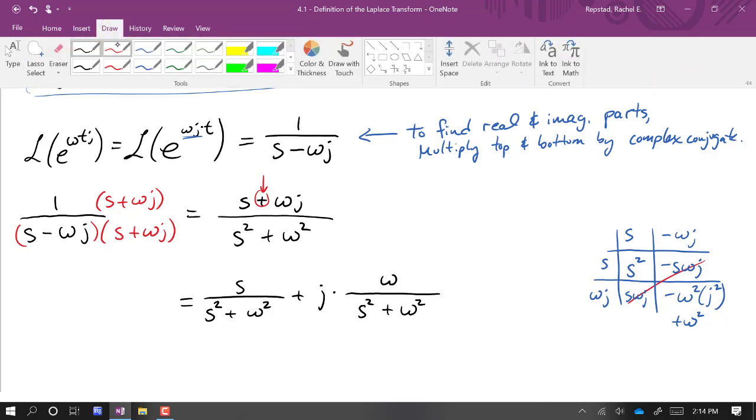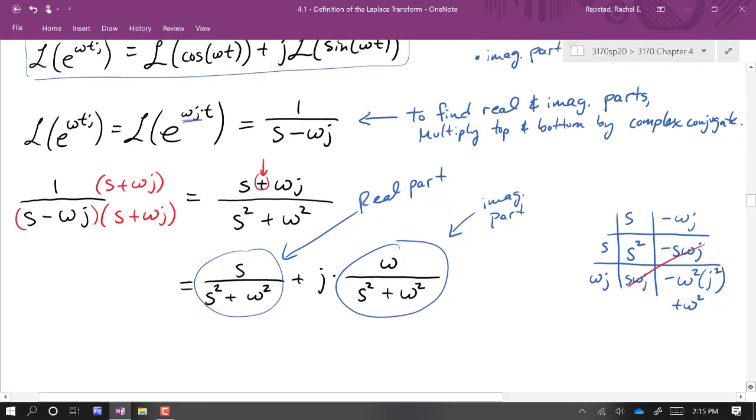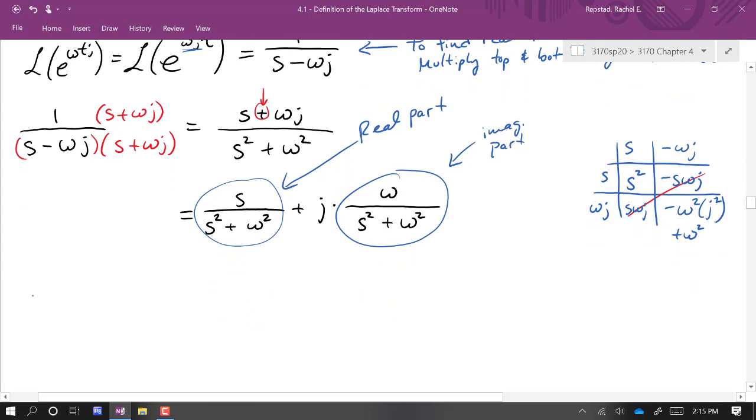And look, here we have it. This is the real part here. This is the imaginary part. And so we've got our transforms for cosine omega t and sine omega t.